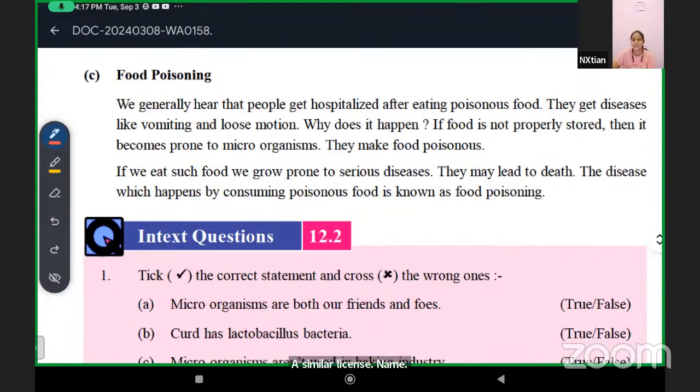FSSAI license is like, if you eat chips or if you have opened a restaurant or if you sell any food product, you must have an FSSAI license, which allows you to sell these things. The products are checked by the government. The products are checked. Yes, that's right.